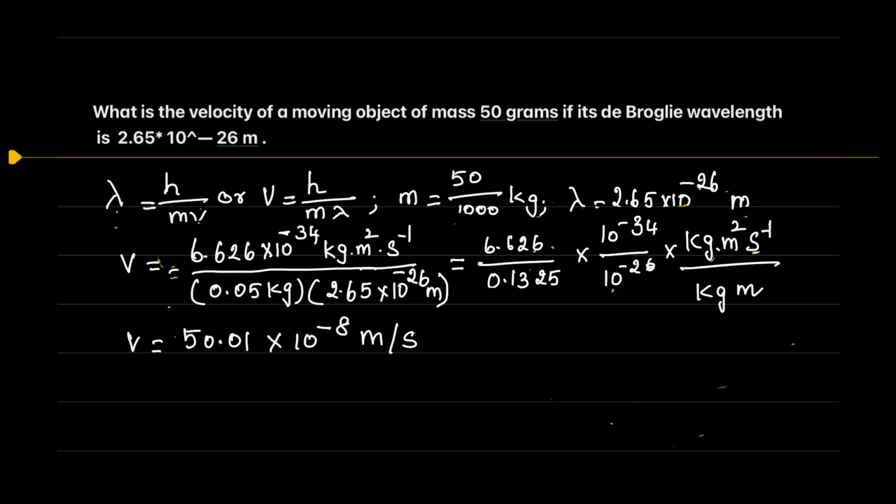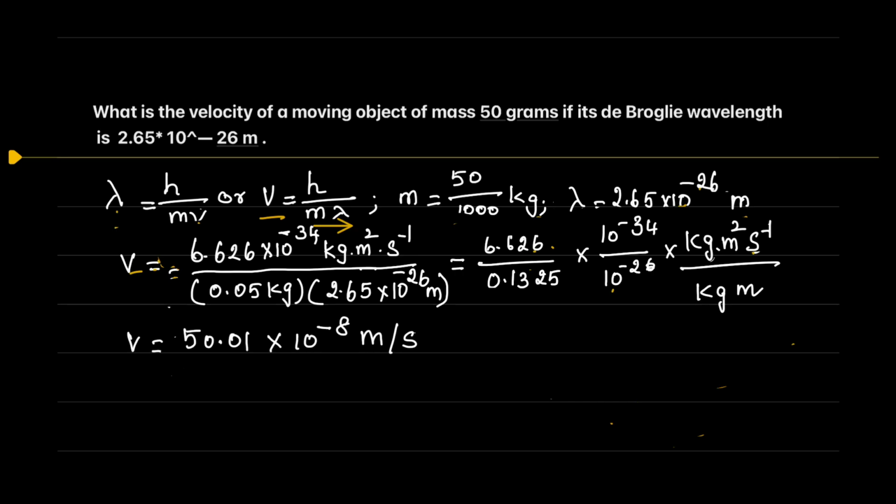The classical de Broglie equation is lambda is equal to h by mv. When we rearrange it, we get v is equal to h divided by m into lambda. Substituting the values in this equation, we get v is equal to the Planck's constant value. The numerical value is 6.626 into 10 raised to the power of minus 34.